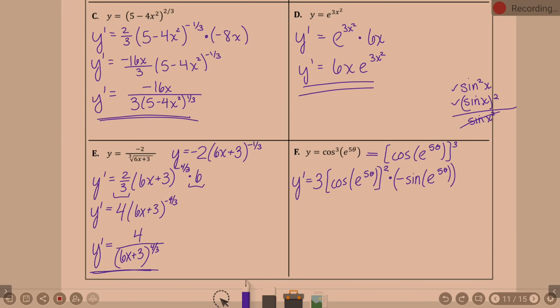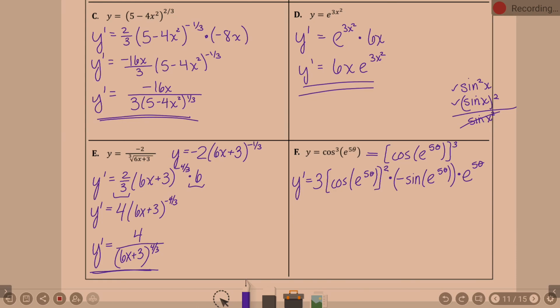Now, if this was just a variable theta or x, we'd be done, because the variable theta or x has a derivative of 1. But what's the derivative of e to the 5 theta? Derivative of e to some power is e to some power. You have to keep going until there are no more derivatives to take.